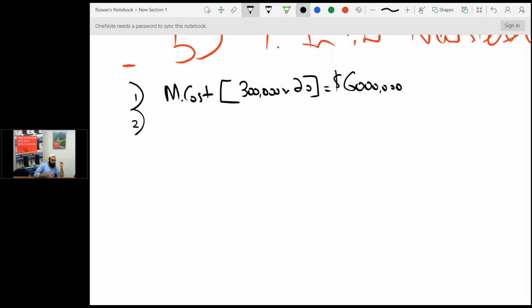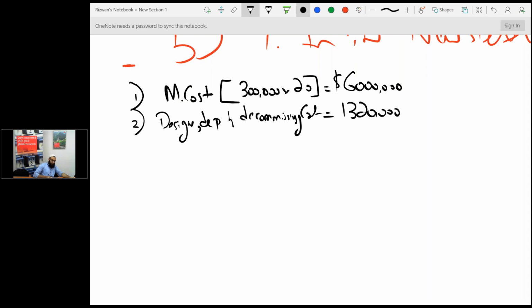The second is the design, depreciation, and decommissioning cost. So what you need to do here, you just need to add all three to get the sum of 1,320,000.